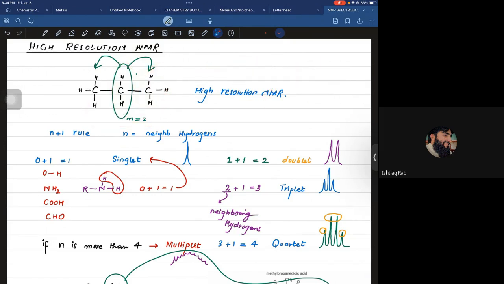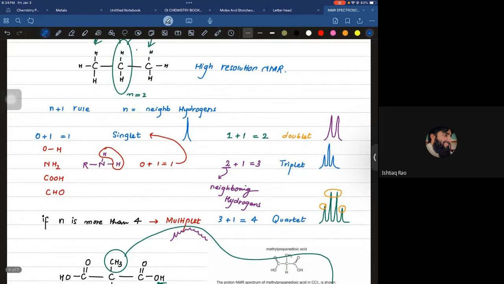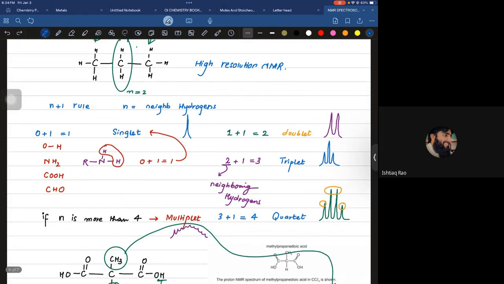By the way, before discussing this, I want to tell you that we would be applying the n plus 1 rule, where n is equal to the number of neighboring hydrogens. Remember, we would be applying n plus 1 rule where n is the number of the neighboring hydrogen atoms.